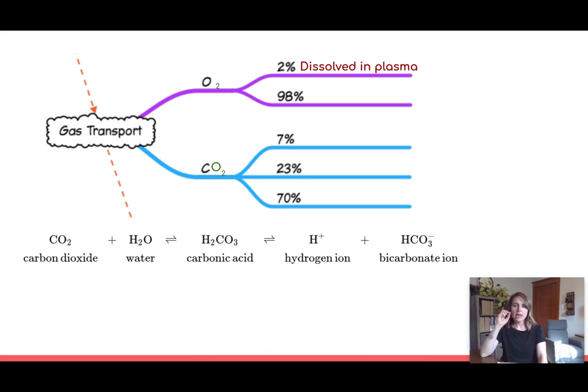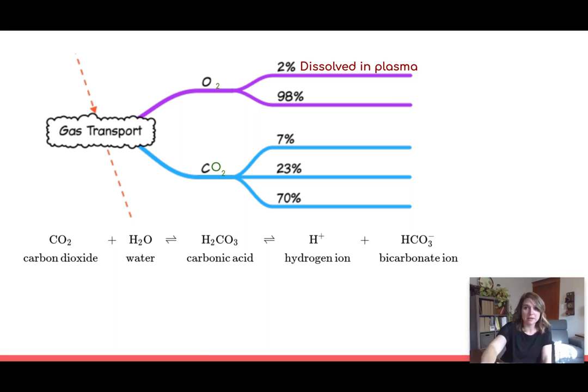Oxygen, O2, is mostly attached to our red blood cells in hemoglobin, but about 2% of it, maybe even a little bit less, like 1.5%, is dissolved in the plasma as just oxygen. So there is some gas dissolved into the liquid of our plasma, mostly water. So there's some oxygen in there, but not very much. About 2% of the oxygen we take in goes into the plasma just as dissolved oxygen.